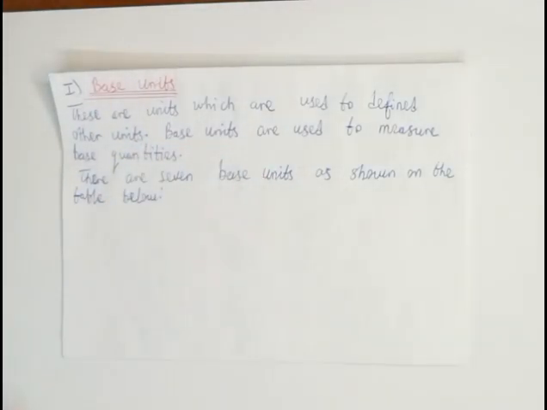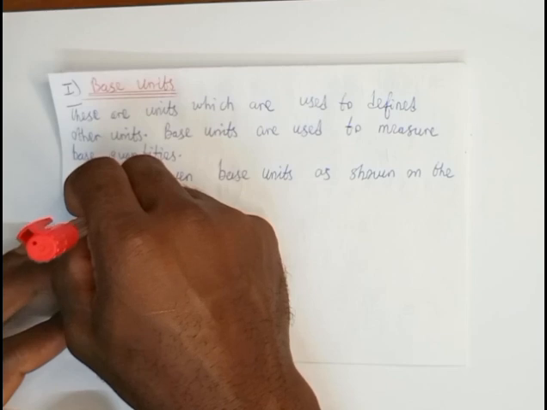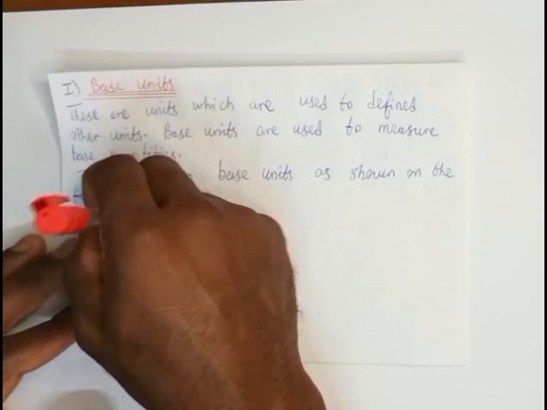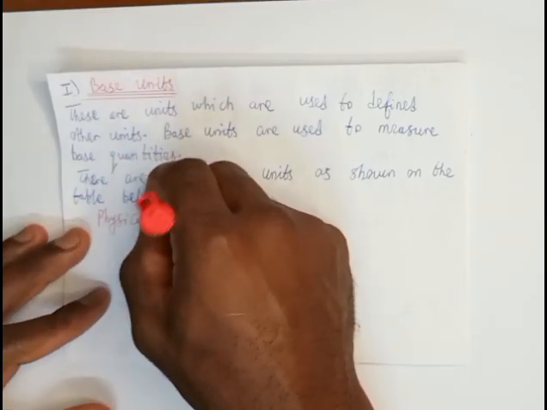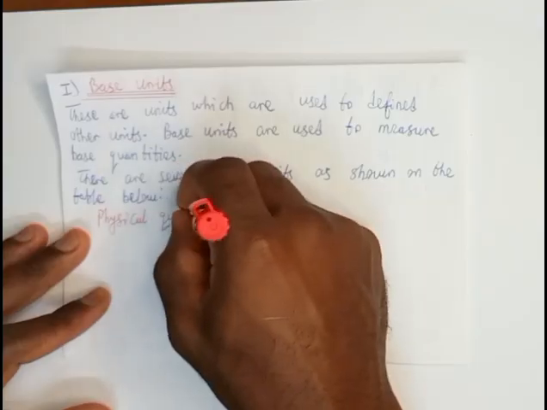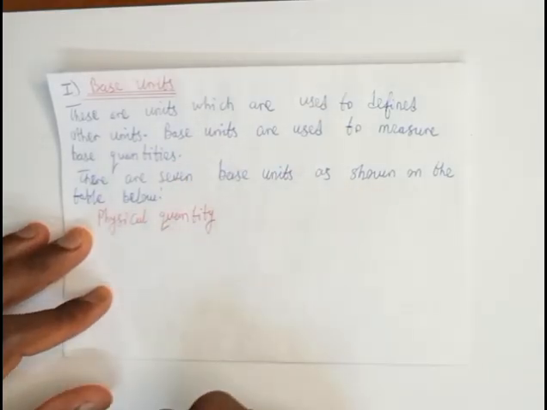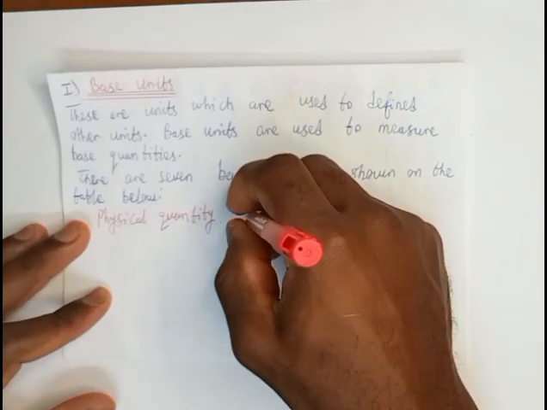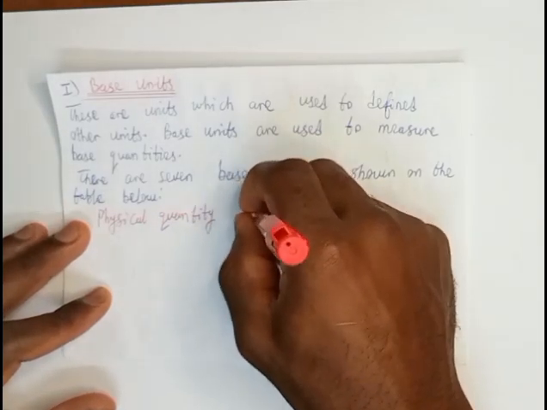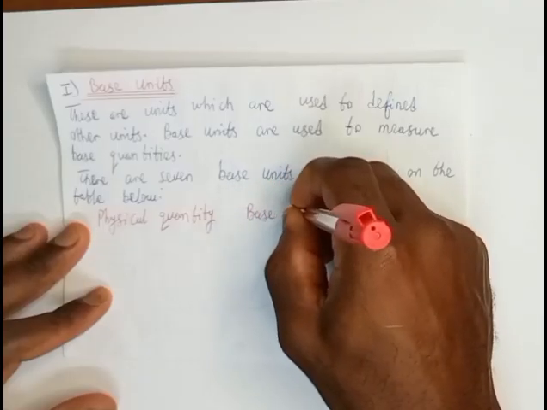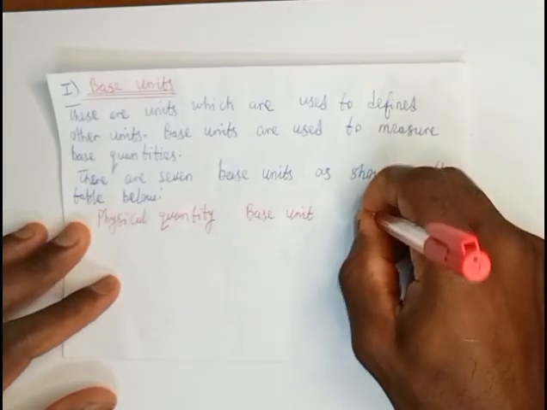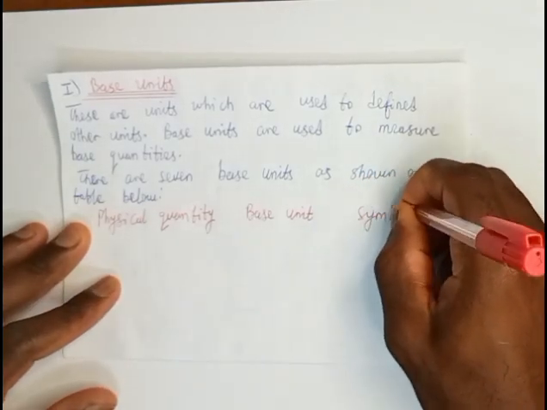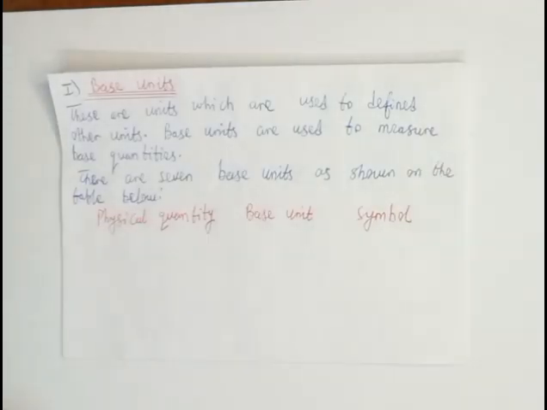Okay, let's represent this on the table. The first column carries the physical quantity. The next column carries the base unit, while the next column carries the symbol of the unit.